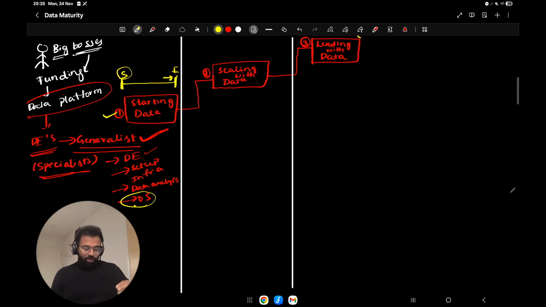Now in this first stage, a data engineer, or whoever gets recruited or hired into this role, is more like a generalist. So you will have to do everything basically. You are expected to do data engineering, data analytics, and setting up infrastructure.